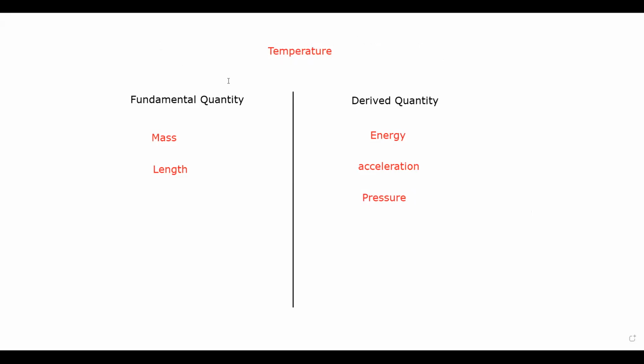So 70, and what does this m stand for? Small m stands for 10 power minus 3. So I will write 70 into 10 power minus 3 grams. But when I substitute this in a scientific calculator, how will I substitute?